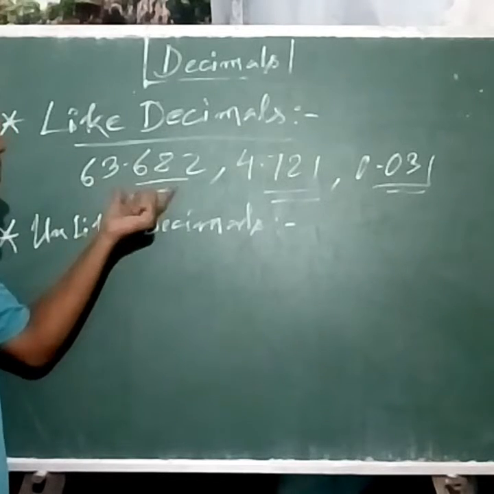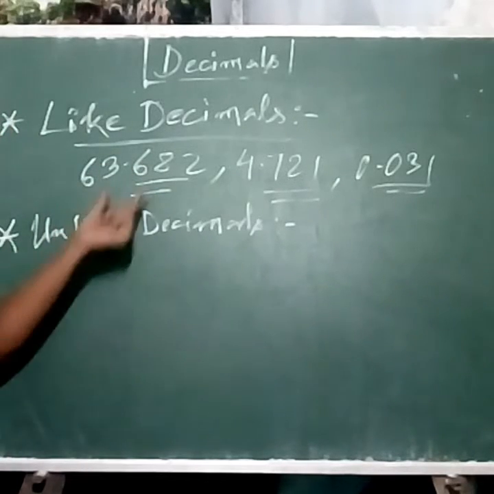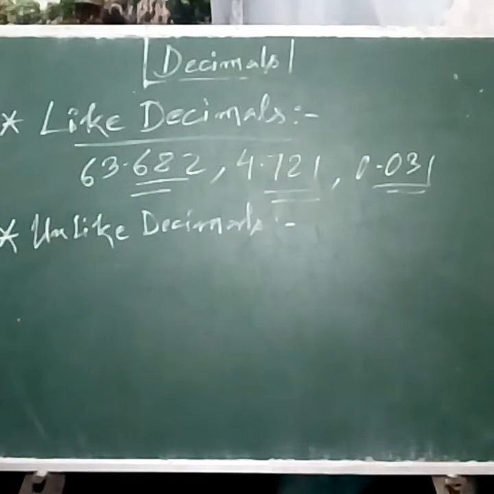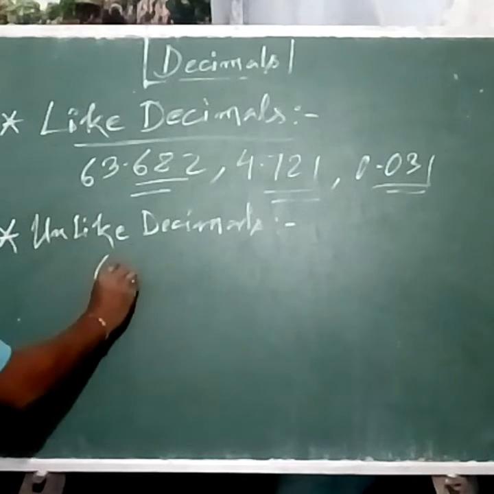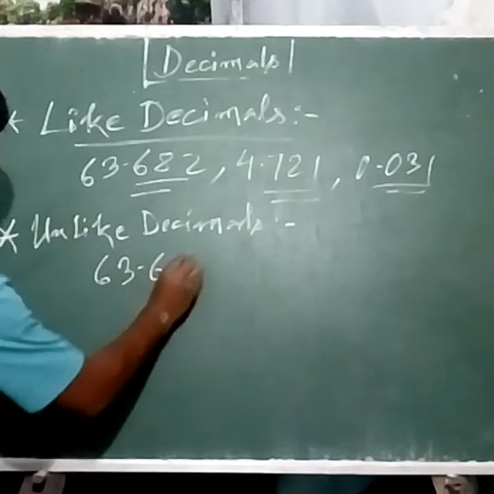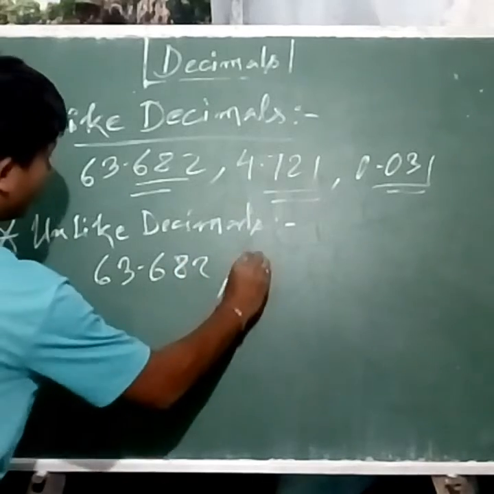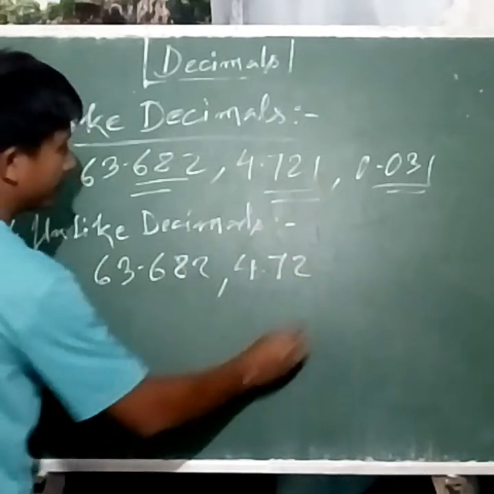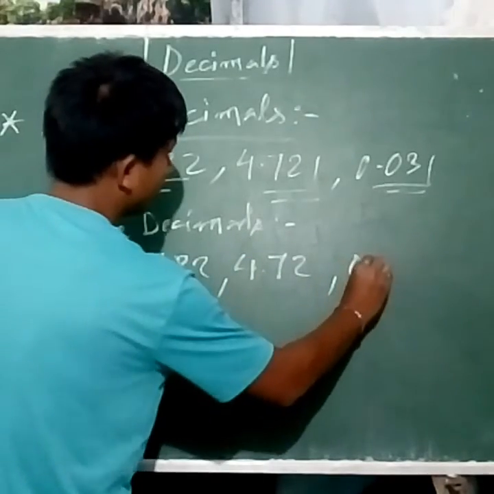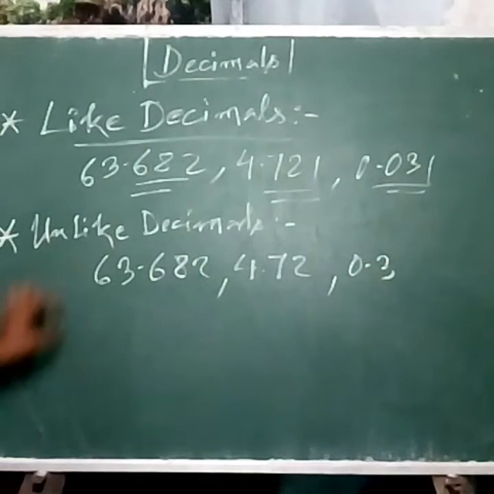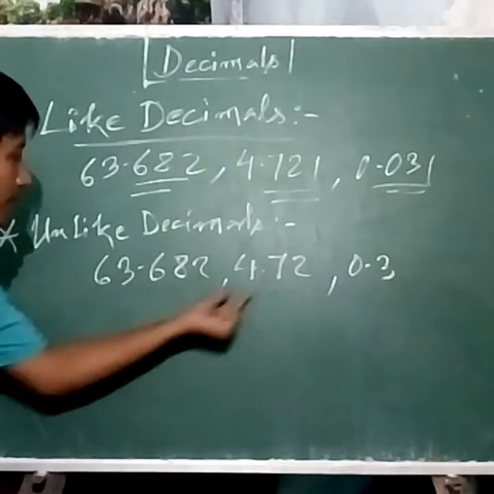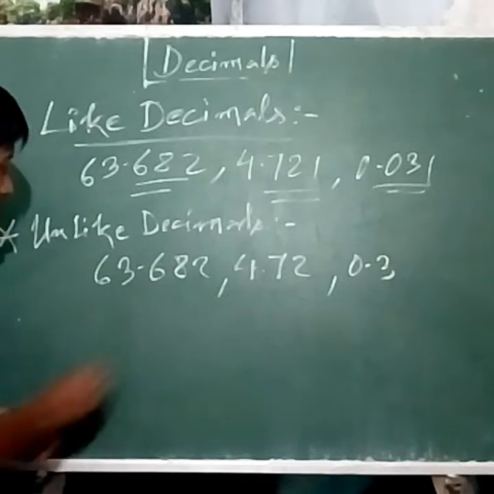If I take the same example, 63.682, 4.72 or 0.3, see not the whole number part, just the decimal part.